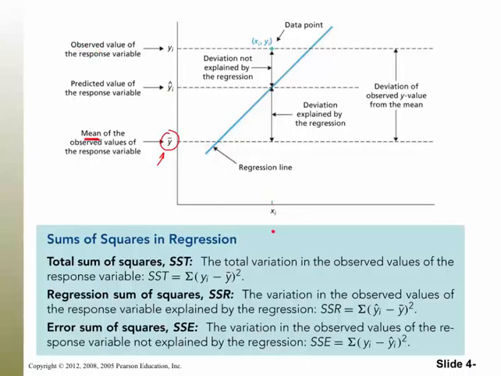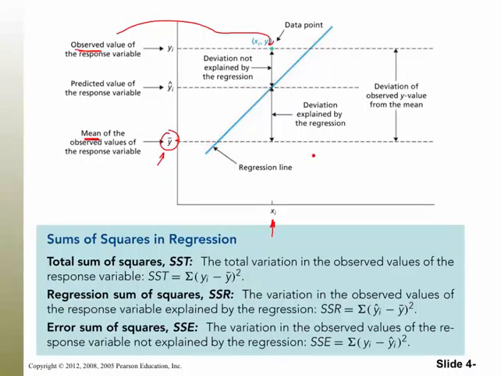We're just focusing in on a particular x value, and we've got an observation right here. So that's the observed value. Here's the mean of all the observed values down here. So that is one way of predicting what we would get.